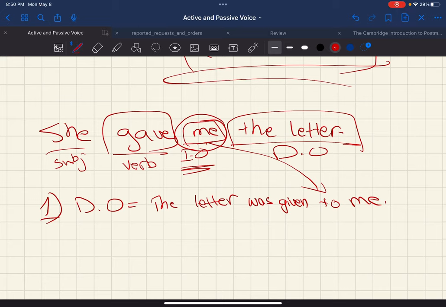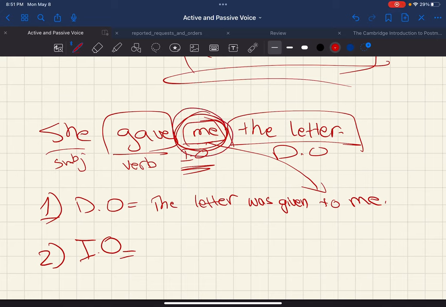Now, the other way in which you can write the passive state of it, you use the indirect object, the me, but keep one thing in mind. Me is an object pronoun. An object pronoun can only function as an object, but we put it in a subject position.